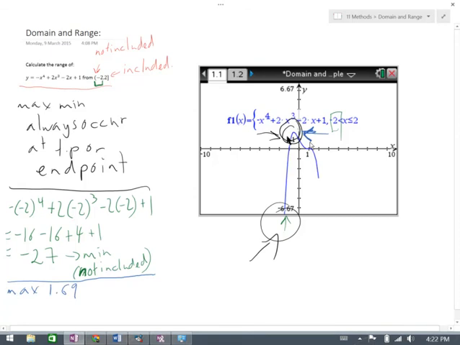And 1.69 is going to be included in the range, because that turning point is part of the domain. It's part of the graph. So our range for this function goes from a non-included minimum of negative 27 all the way up to an included maximum of 1.69.